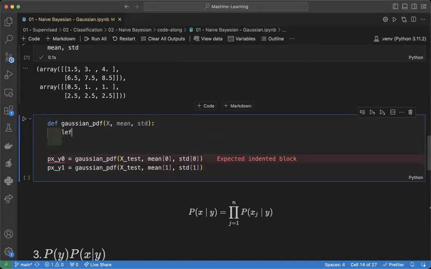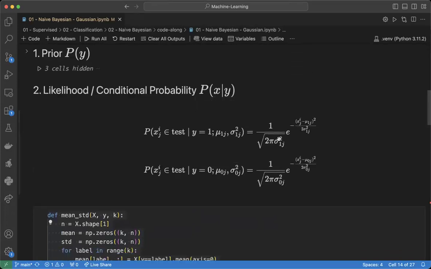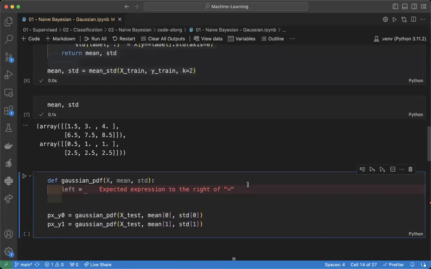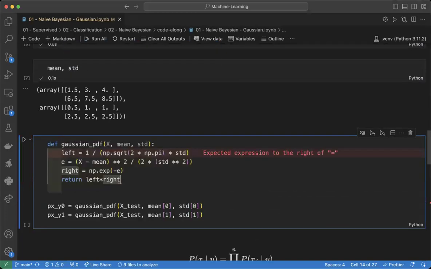To do this, I'm going to do the left part and the right part. You can scroll up and down and see whether I do this correctly. To make sure I don't type anything incorrectly, I will just copy paste what I already prepared. This part is on the left side, and this part is on the right side.